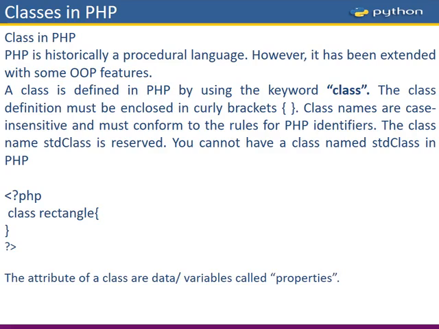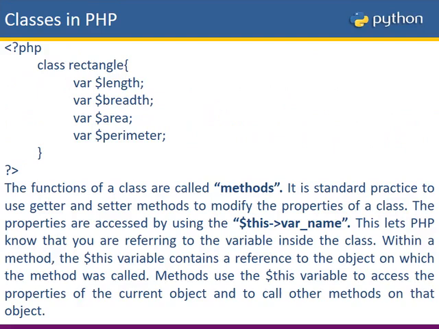The attributes of a class are variables called properties, as I said earlier. We have another example of a PHP class Rectangle, with all the attributes for the class. This is the PHP class for Rectangle, which is a grouping for creating rectangle objects.